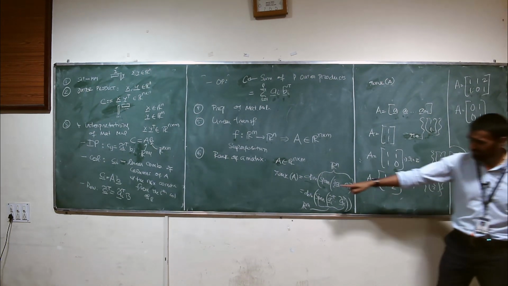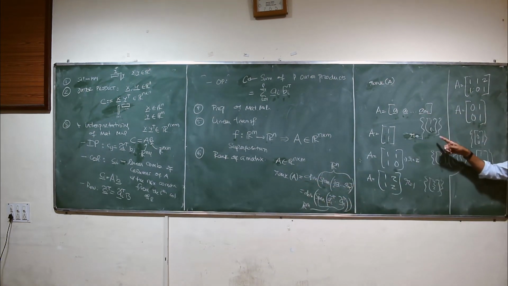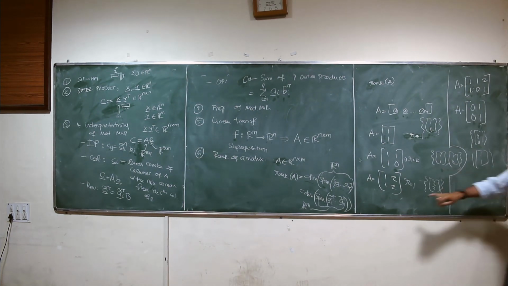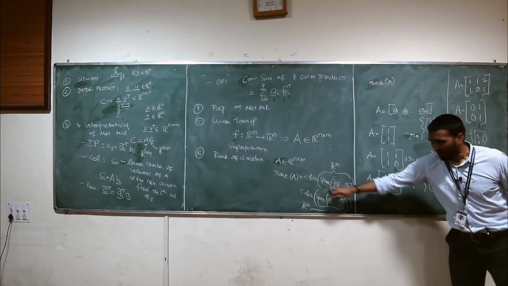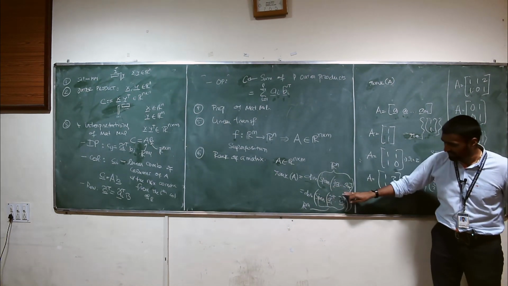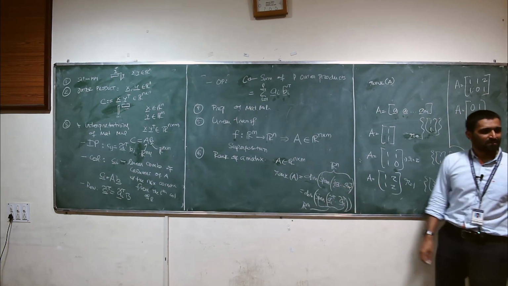That is essentially this idea of sampling from the columns of the matrix and looking for the maximum possible linearly independent set. All you're trying to do here is find a basis for the span of the columns of A, and the basis is a linearly independent set that spans the entire vector space. The entire vector space we are looking at here is the span of the columns of A.